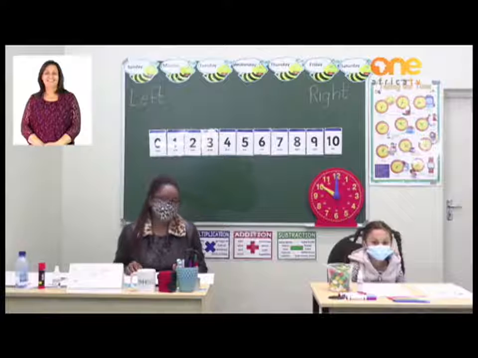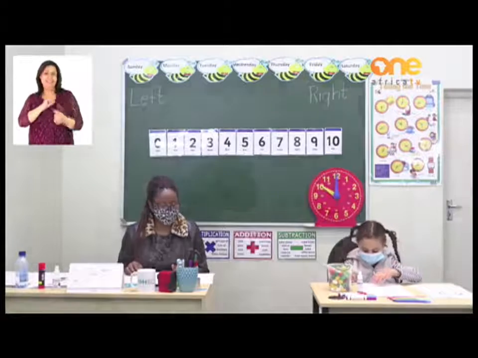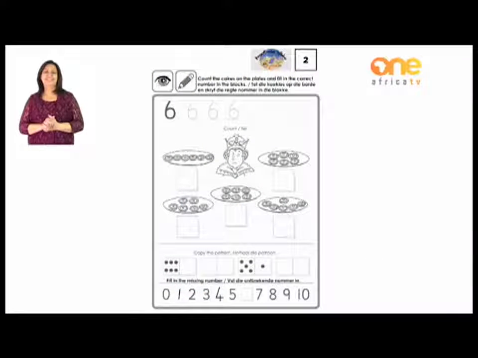Now let's turn to page 12 of our booklet and look at the instructions right on top of the page. The instructions read, count the cakes on the plates and fill in the correct number in the blocks.